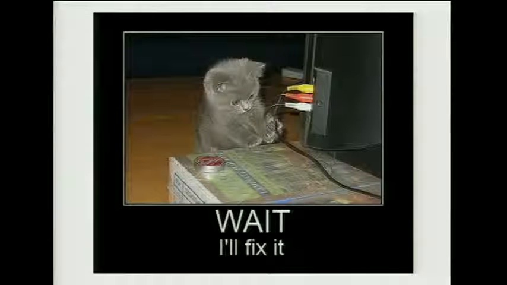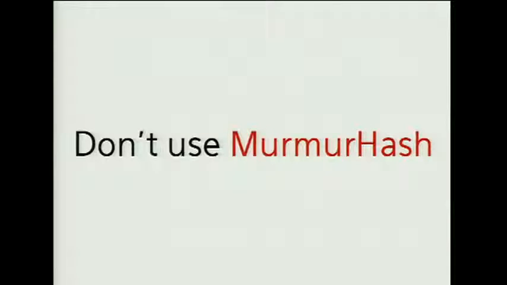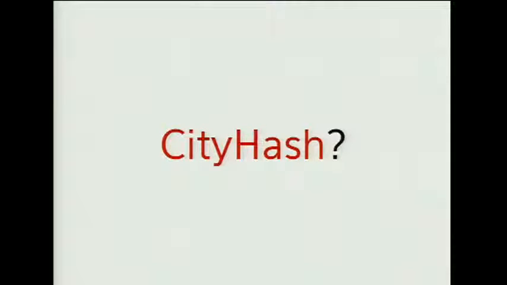Well, I'll try. So you know that Murmur hash is not the best hash function in the world, so the first thing to do is not to use Murmur hash, be it 2, 3, or 4, or 5 anyway. You might have heard about something called CityHash. Do you know CityHash? Yeah, okay.